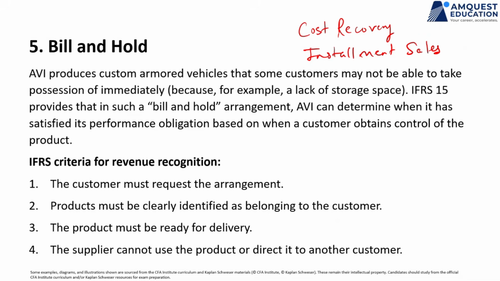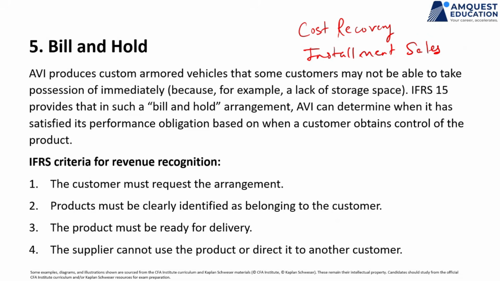Like in this scenario, there is a bill and hold arrangement, right? AVI produces custom armored vehicles that some customers may not be able to take possession of immediately. And therefore, IFRS 15 provides that in such a bill and hold arrangement, AVI can determine when it has satisfied its performance obligation based on when a customer obtains control of the product.